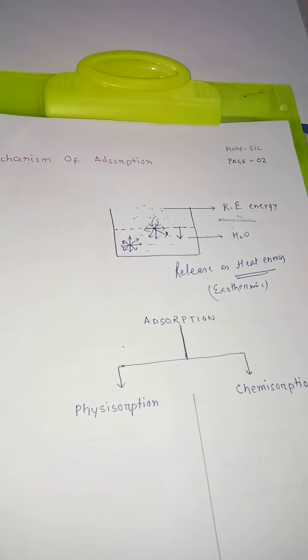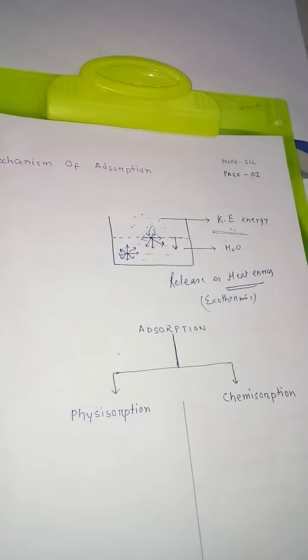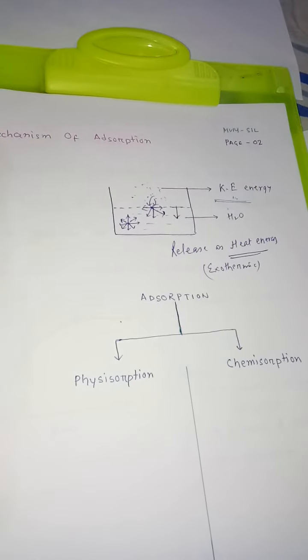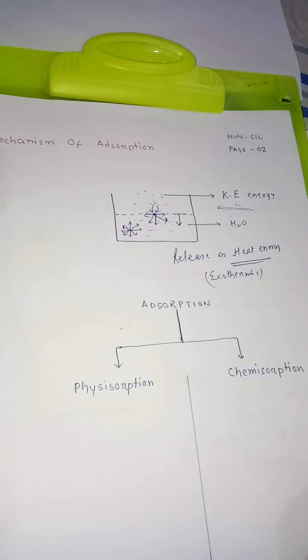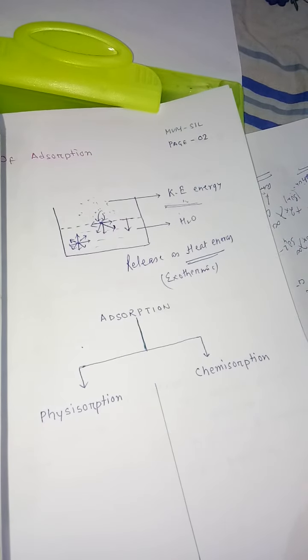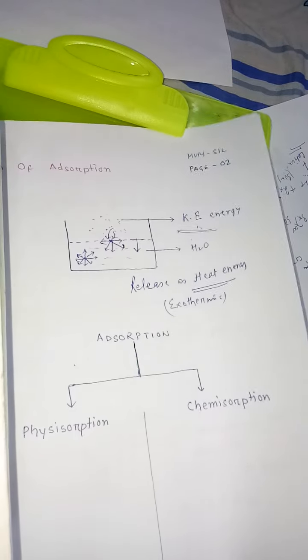Now we have to learn one more thing. This is your adsorption, types of adsorption. There are two types of adsorption. One is your physisorption, another one is chemisorption, and their difference we have to learn. Just a minute.